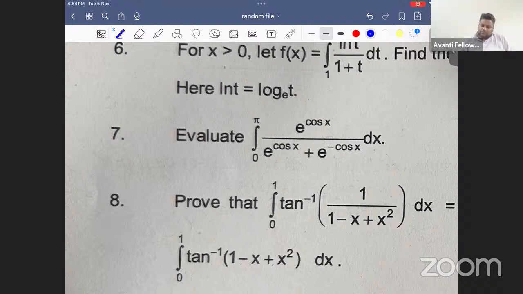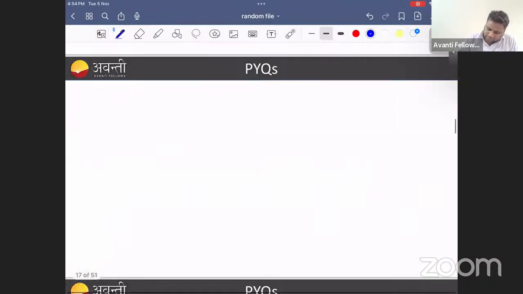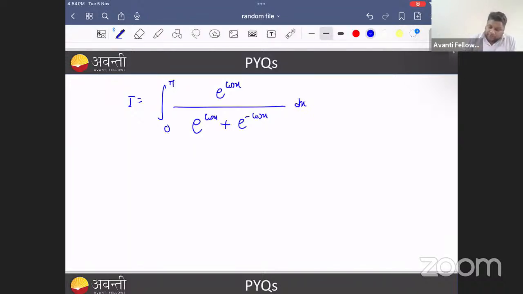See, I is integration 0 to pi e to the power cos x upon e to the power cos x plus e to the power minus cos x dx. Got it? Replace x by pi minus x using that property 4.